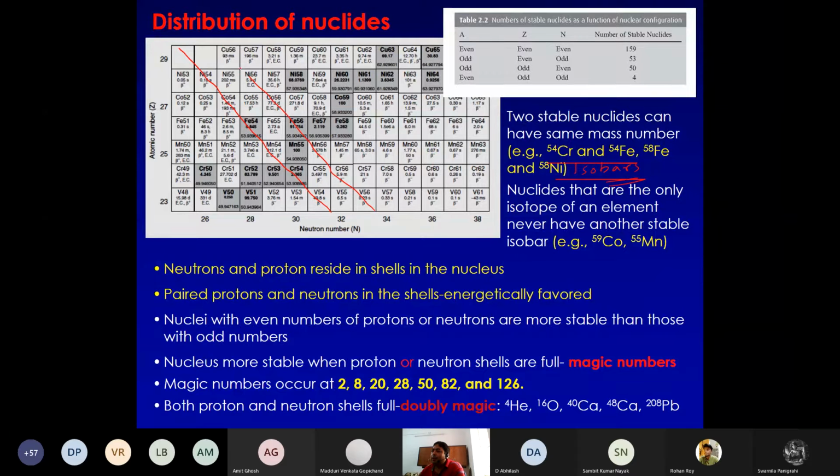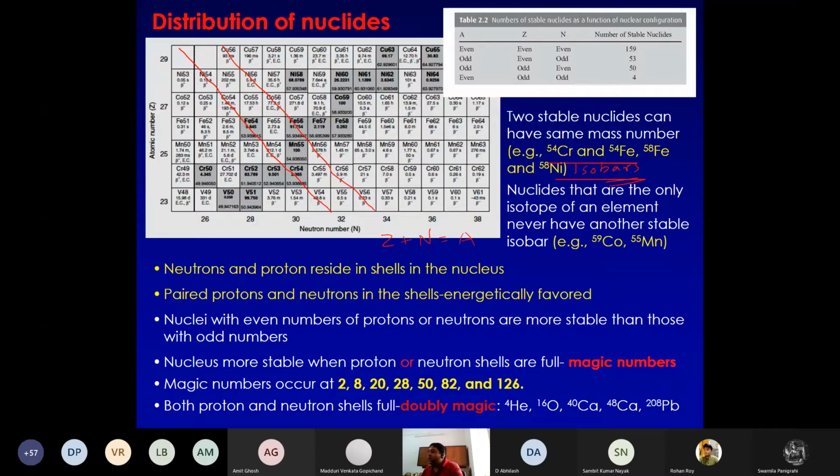All nuclides along any such line with a slope of -1 will have a constant value of Z plus N, which is essentially your mass number. So these are all your isobars, and all isobars in the nuclide chart plot along lines with a slope of -1.